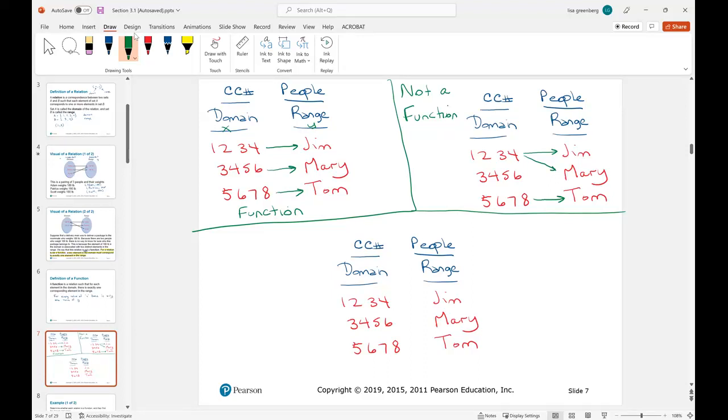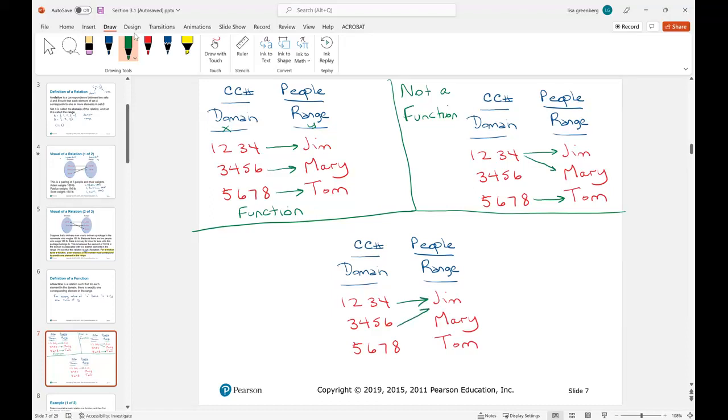So we can see that if I look at my x value or my domain, and I look at 1, 2, 3, 4, I literally have no idea who that belongs to. It's one of two people, or, you know, it could be 10 people, but no matter what, it's not a function. Okay. So now let's look at one more example.